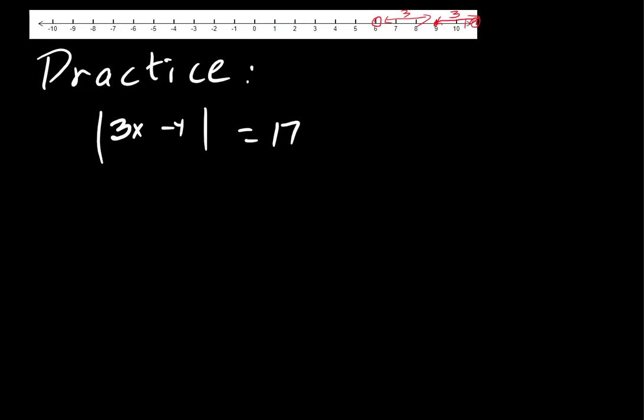Let's get another one for practice. So absolute value of 3x minus 4 is equal to 17, okay? So what we can do here is, let me write the 4 correctly here. We have first case 3x minus 4 is equal to 17, and second case 3x minus 4 is equal to negative 17, and we just solve it.